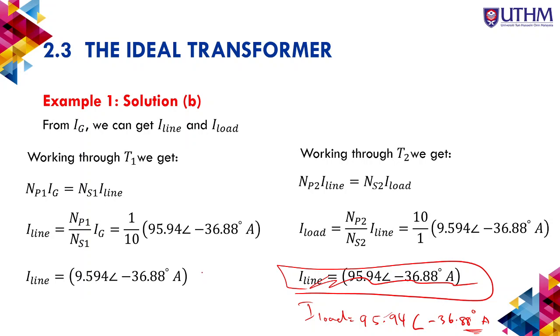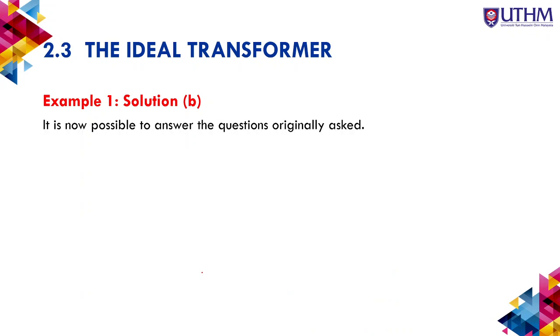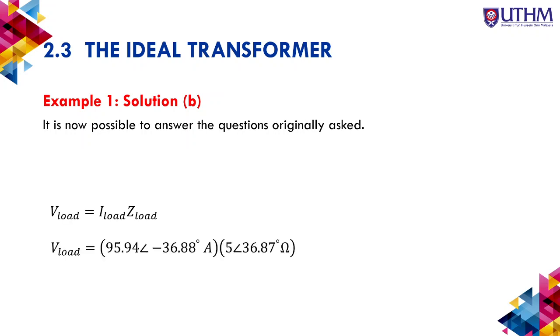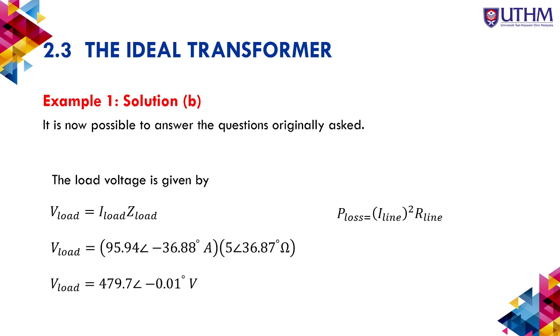So now it's possible to get the answer. First they want I load and V load. So just use Ohm's law again, and we get the V load. And then the loss in the line.